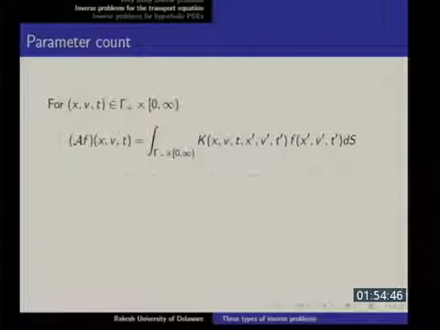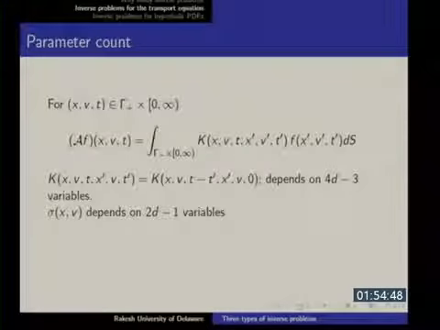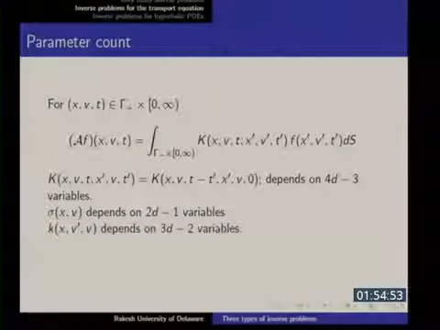Some people ask me this question, and I want to answer that, but to remind you of something. We always try to figure out, is it an overdetermined problem or underdetermined? The albedo operator corresponds to knowing the so-called Schwartz kernel, and we did this calculation.